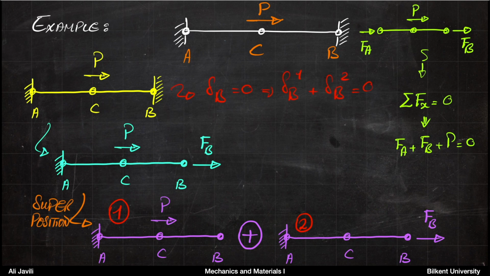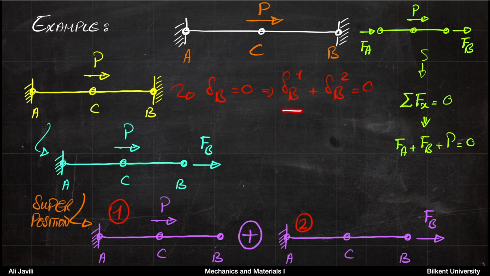Now, if you think of the displacement of each of these two systems, let's say from system 1, you get a change of position for B. And from system 2, you also get a change of position for B. So we call that delta B1 and delta B2.